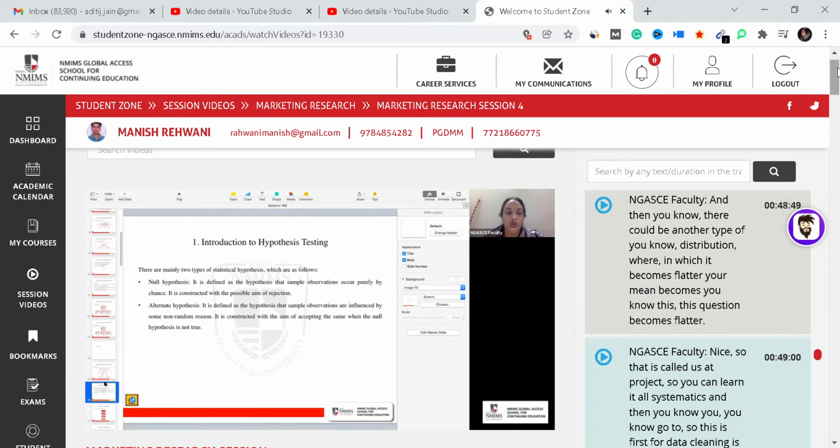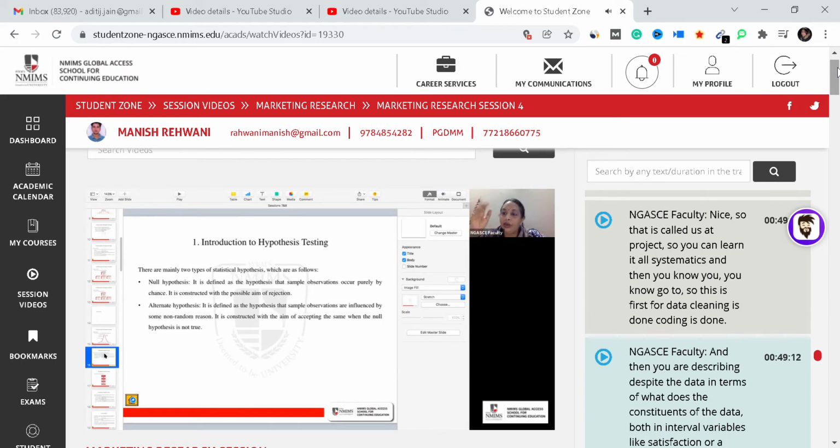So this is first, data cleaning is done, coding is done. Then you have described the data in terms of what the constituents of the data are, both in interval variables like satisfaction, or in nominal variables like male, female, and education qualification. Now you have done all this.